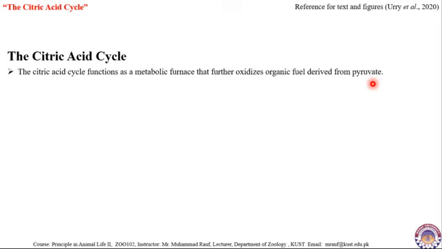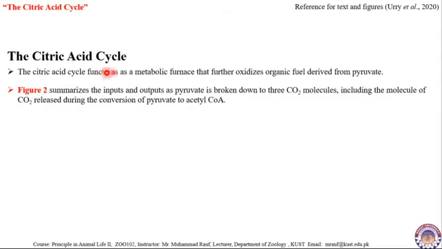So the pyruvate is converted into acetyl coenzyme A, and then acetyl coenzyme A enters into the Krebs cycle, where further oxidation of this molecule takes place. In the subsequent slides, we will study the whole cycle. We will summarize the whole process. This is the text portion.